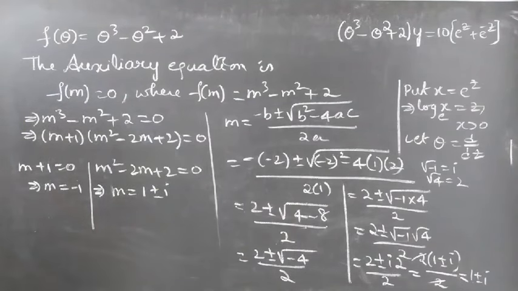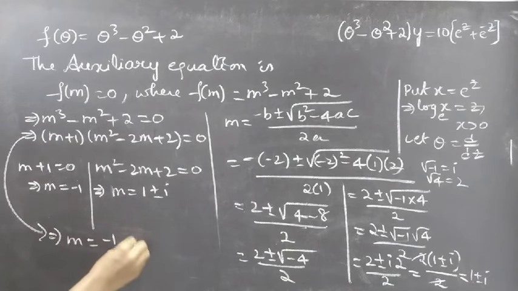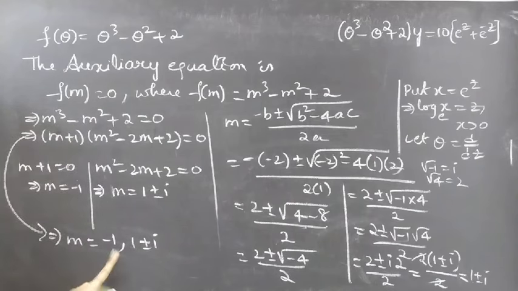A pair of complex conjugates. So therefore, m equals minus 1 and 1 plus or minus i are the roots of our auxiliary equation. So we got one real root and a pair of complex conjugate roots.